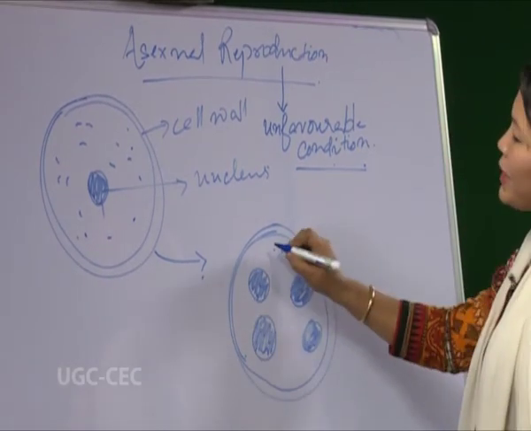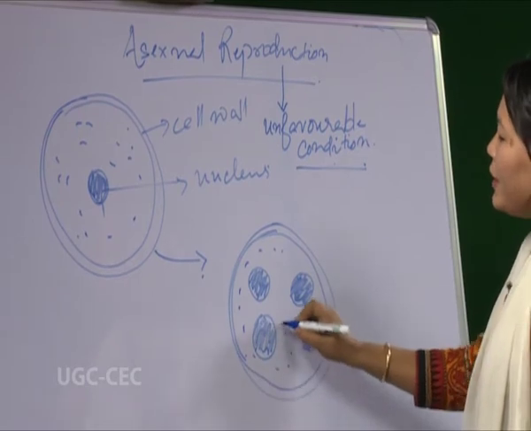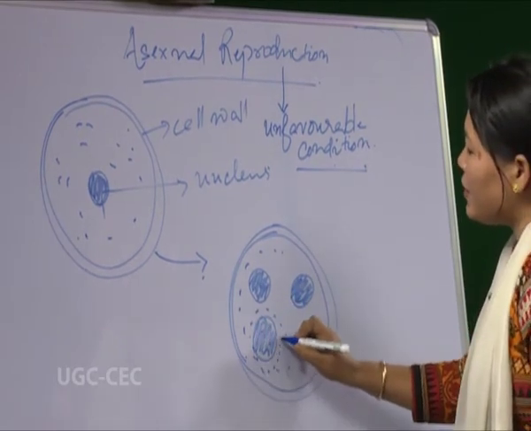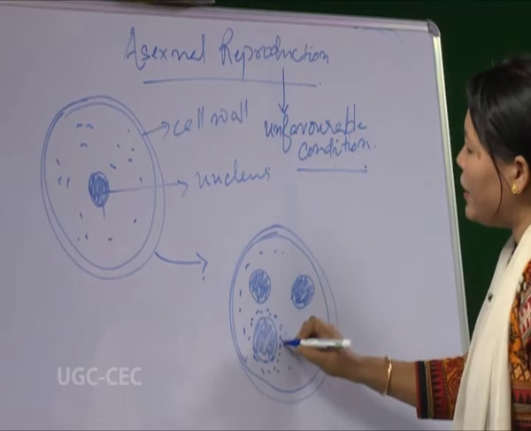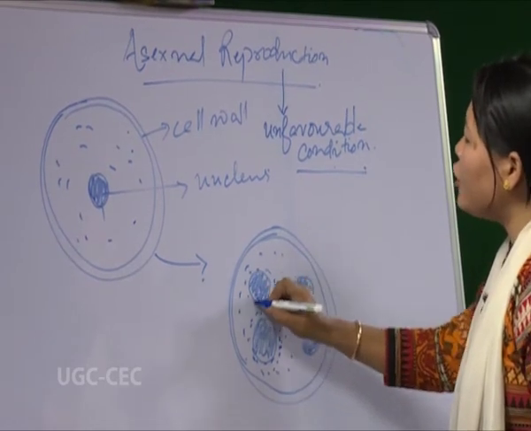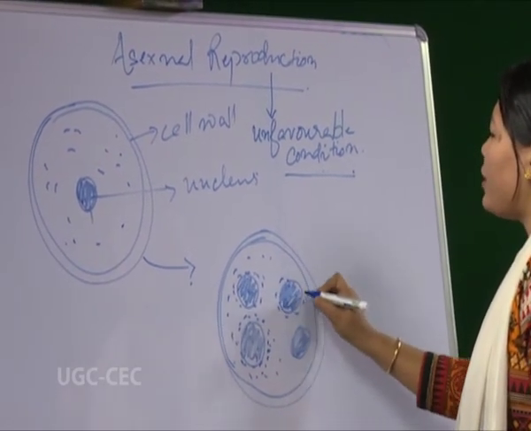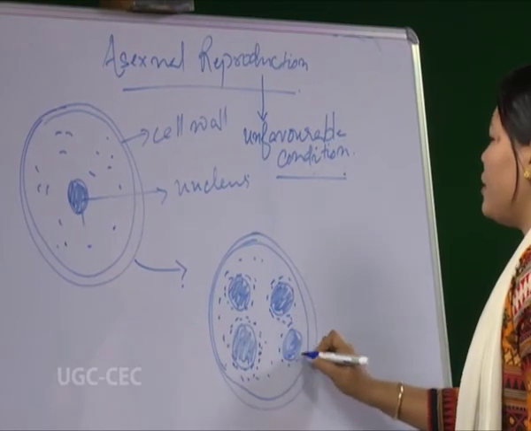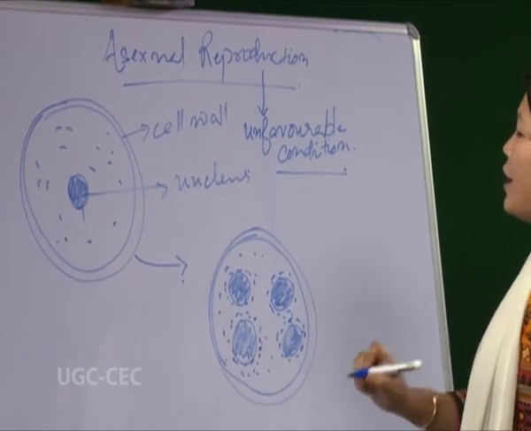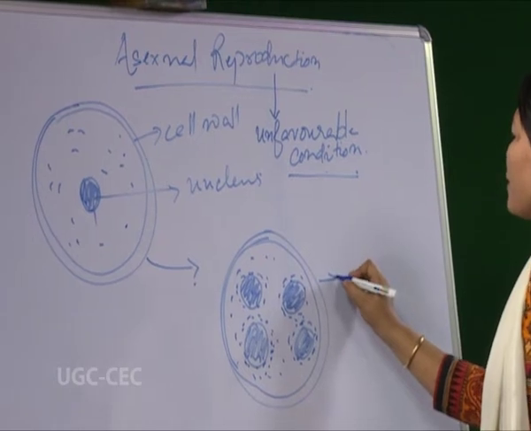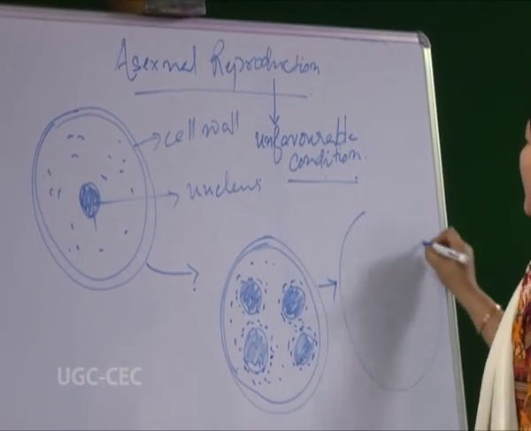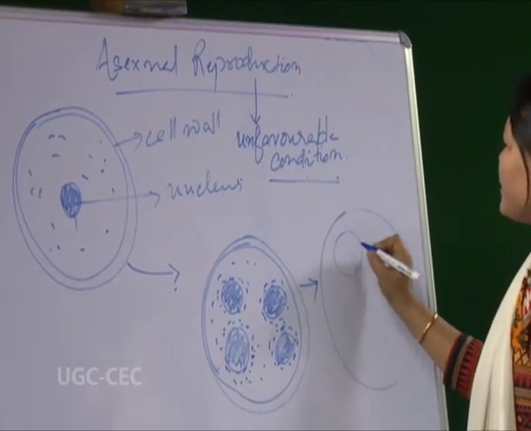Further, the cytoplasmic content that are present here gets condensed and passes near to the nucleus which has already been divided. And further, the wall of the cell also thickens.